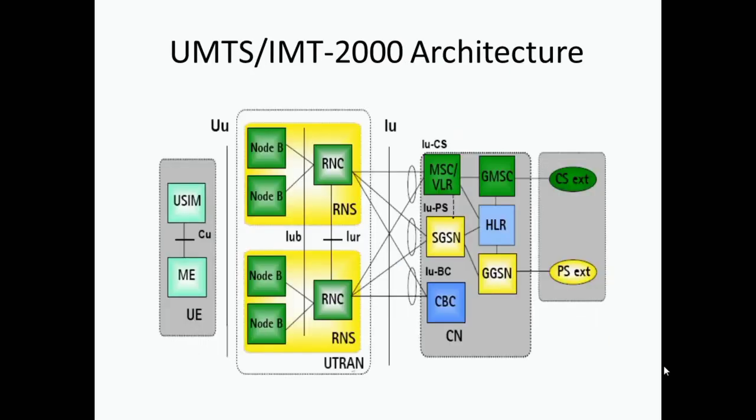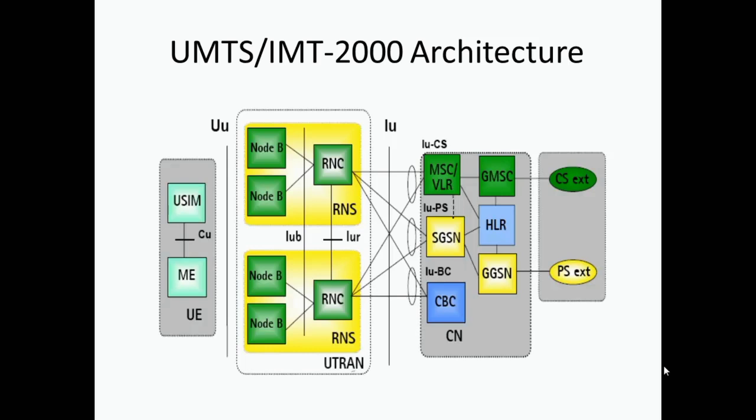Now we will switch to the UMTS IMT 2000 architecture. UMTS uses the same core networks as those of GPRS and uses an entirely new radio interface.